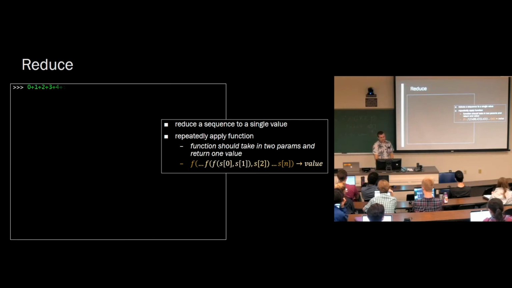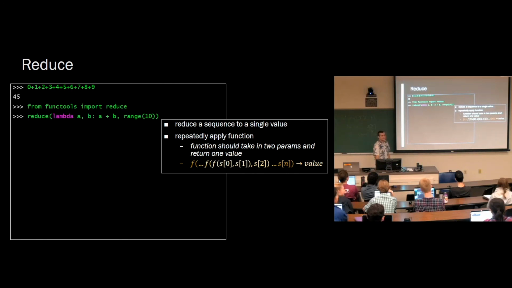So let's say we want to calculate the sum of the integers up to 9. Pretty straightforward thing. We could just write it out like that. But here's another idea. We could reduce range 10 with this reduction. And what this is saying is, given an a and a b, return the sum of a and b.